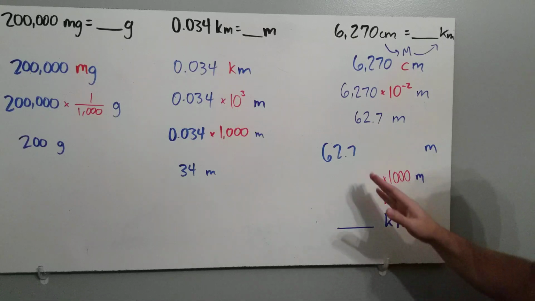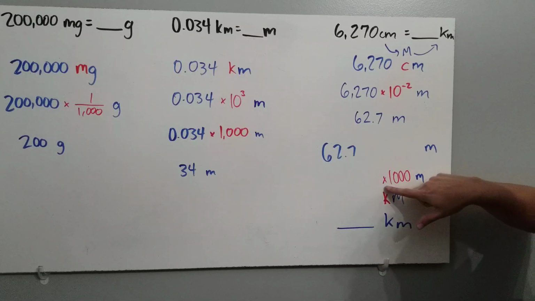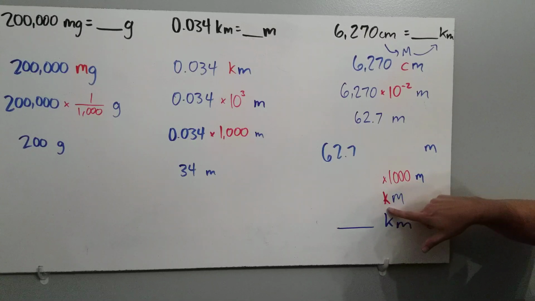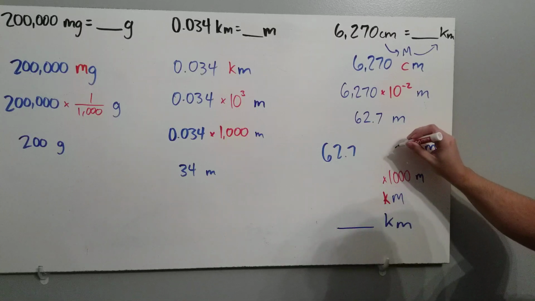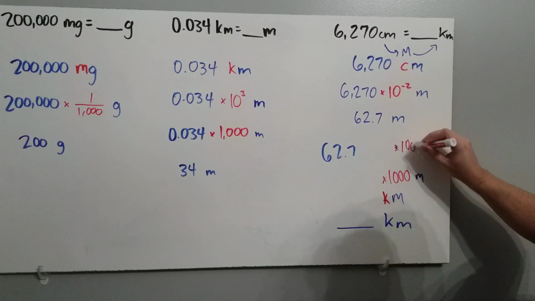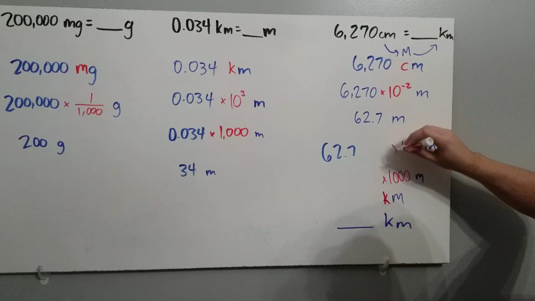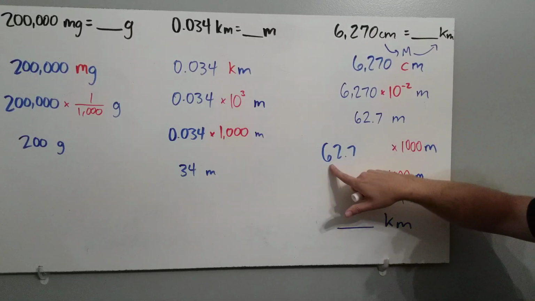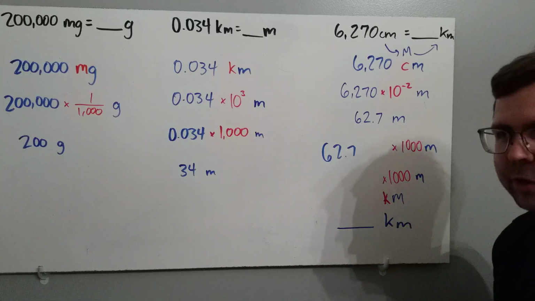And so I want to have this times 1,000 meters part in here, because I know I can turn times 1,000 into kilometers. So that times 1,000, I need it to be right here. All right, so that's going to be times 1,000. But wait a second, I can't just take a measurement, 62.7, and multiply by 1,000, because that'll change the measurement.